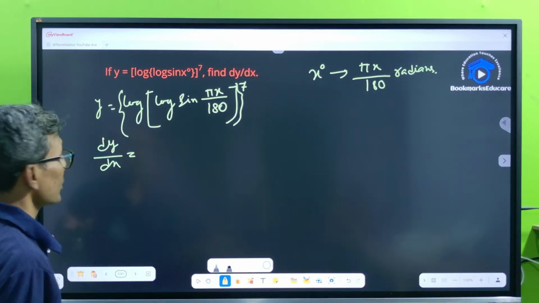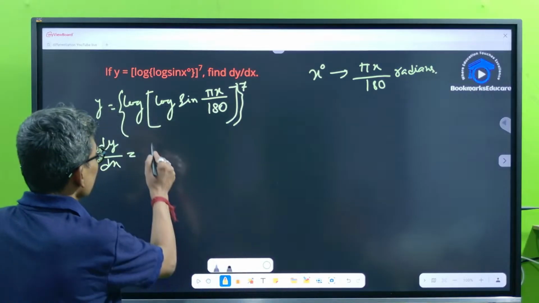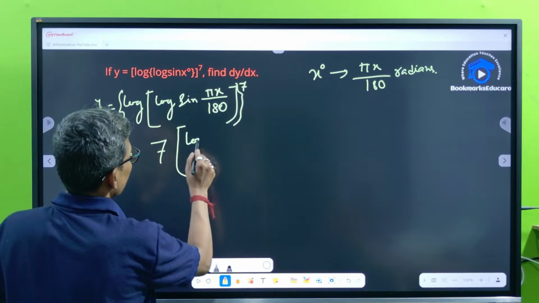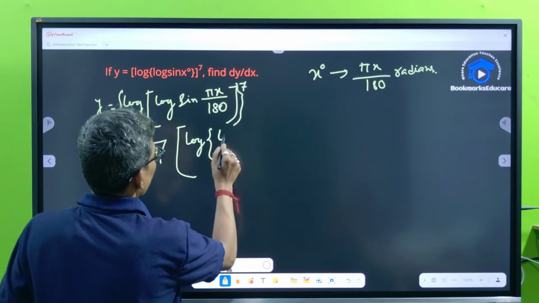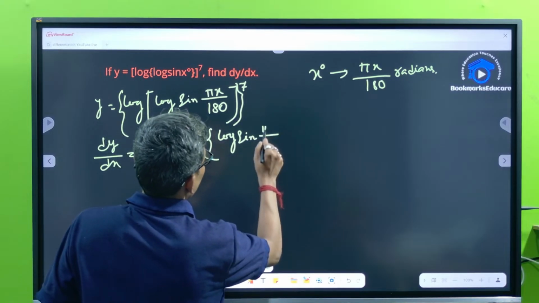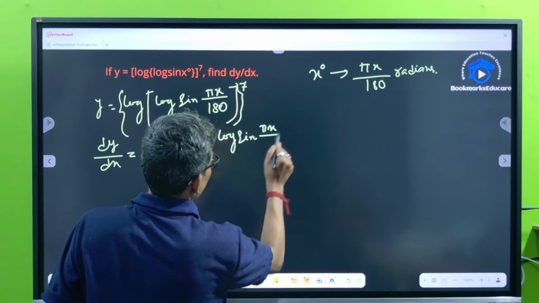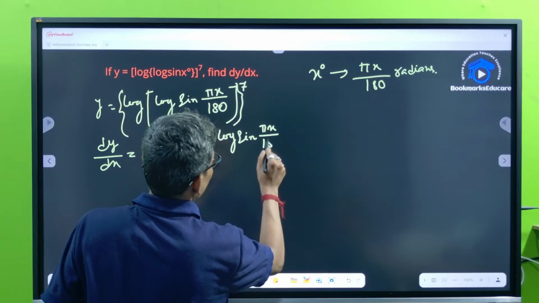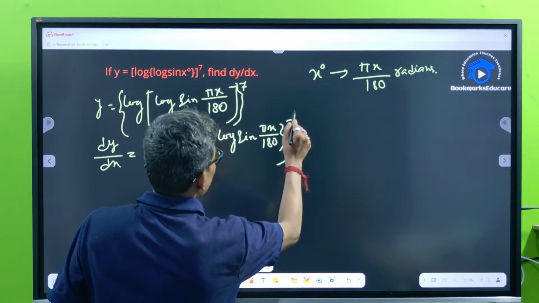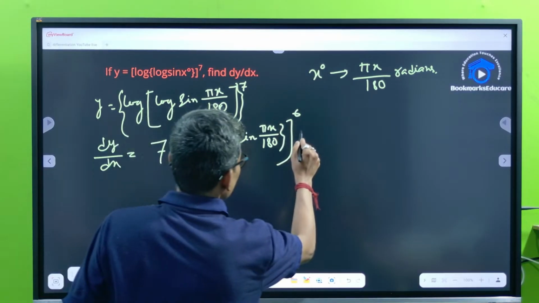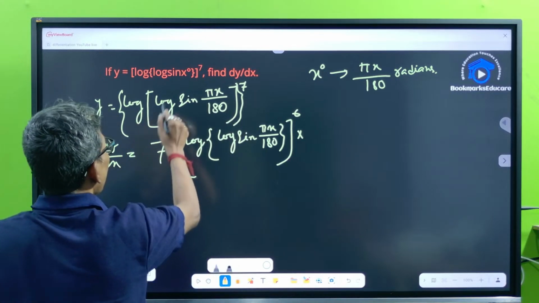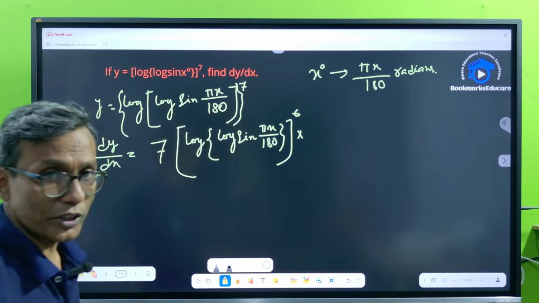So the derivative of x to the power 7 means 7 into x to the power 6, that is log of sine pi x by 180 whole to the power 7 minus 1, 6, into the derivative of the log of this portion. We have to differentiate.